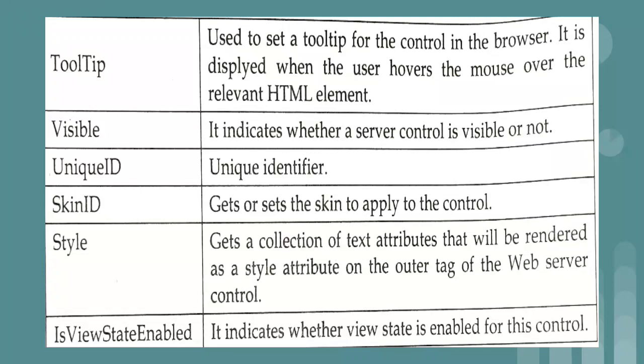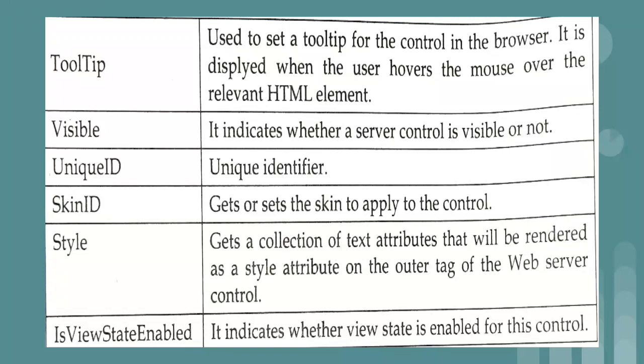If you want to attach a specific skin file to a specific control, then we just need to assign the ID to that control with the help of skin ID. So basically it is related to the topic which we are going to learn, that is themes in HTML and CSS. In that case we make use of this property.